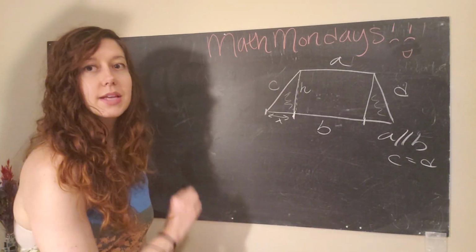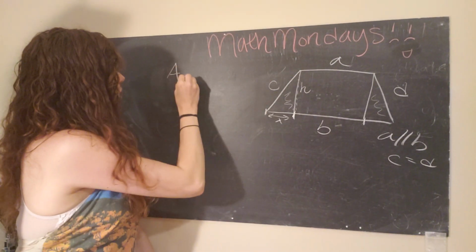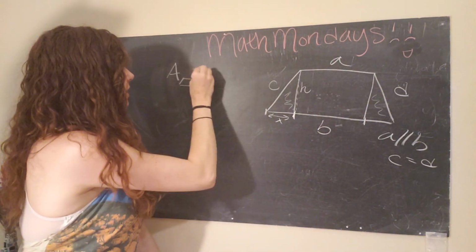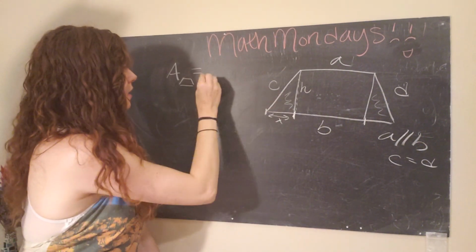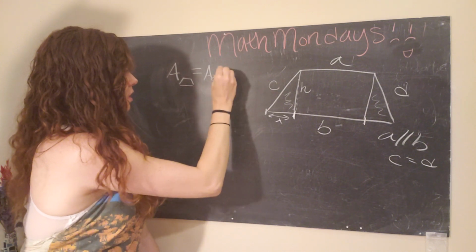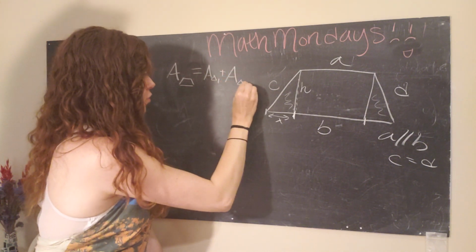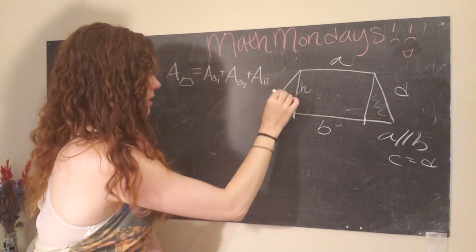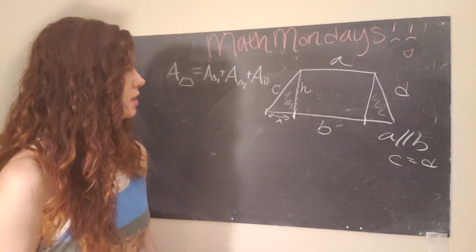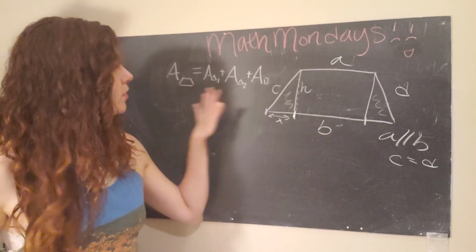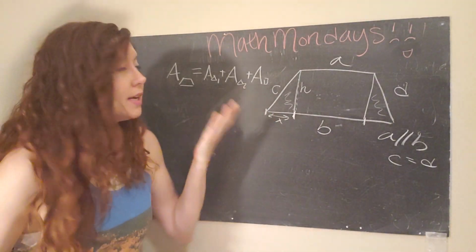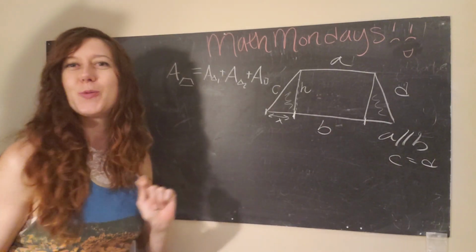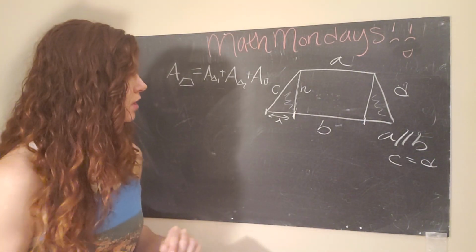So in this case, the area of our trapezoid equals the area of triangle 1 plus the area of triangle 2 plus the area of our square. I'll move C because it's getting in the way a little bit. Okay, so this is almost exactly the same thing that we did for the parallelogram, right? So we got this, no problem.